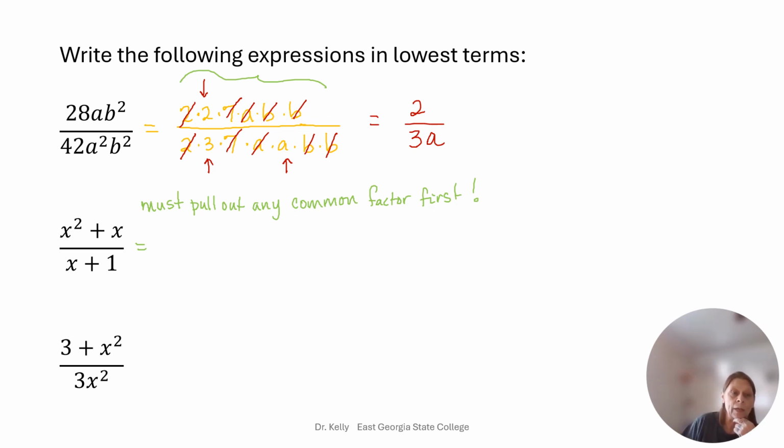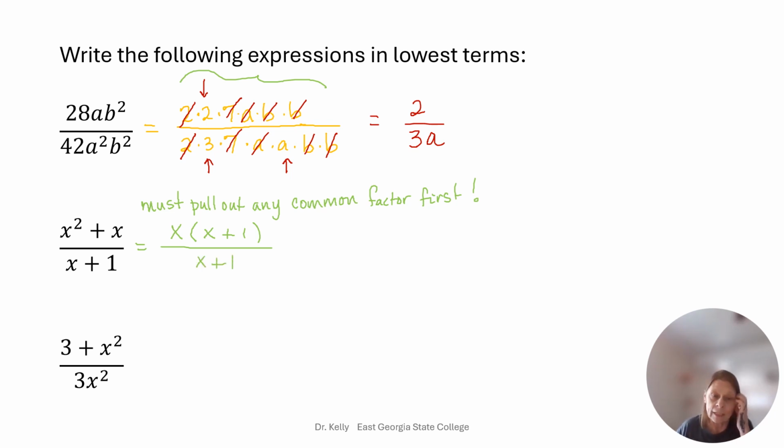This, we can pull out an x. There's a common x, and when we take out an x, we're left with x plus 1. We've been doing this. This is that factoring component, which is the reverse of distribution of multiplication over addition. Okay, so we've been doing this, and then we have it over this x plus 1.